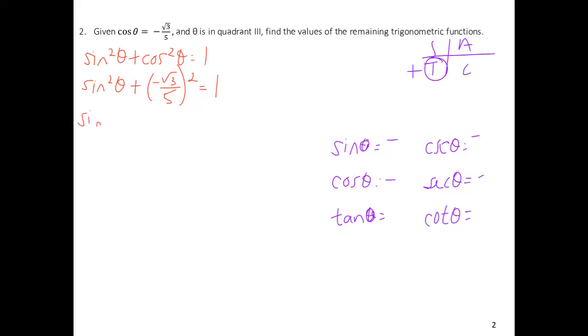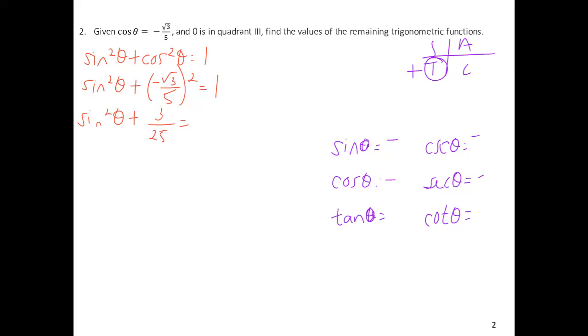So sine squared of theta plus, all right, in this case, negative root 3 squared. What happens here, the negative cancels, and the root and the squared sign cancel. So we get 3 over 5 squared is 25. And here again, even though we're not adding fractions this time, think about how to solve in the next step. I would have to move the fraction 3/25 to the other side.